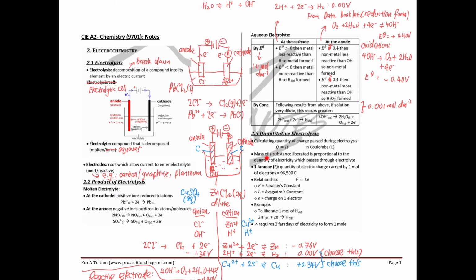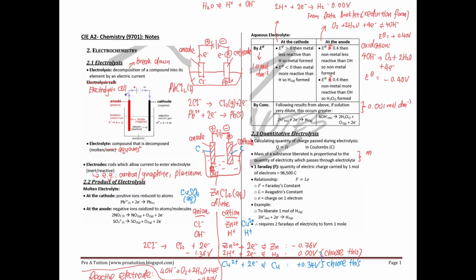So the mass of a substance liberated is proportional to the quantity of electricity. That means the quantity of charge which passes through the electrolyte. Let me write down at the side here.